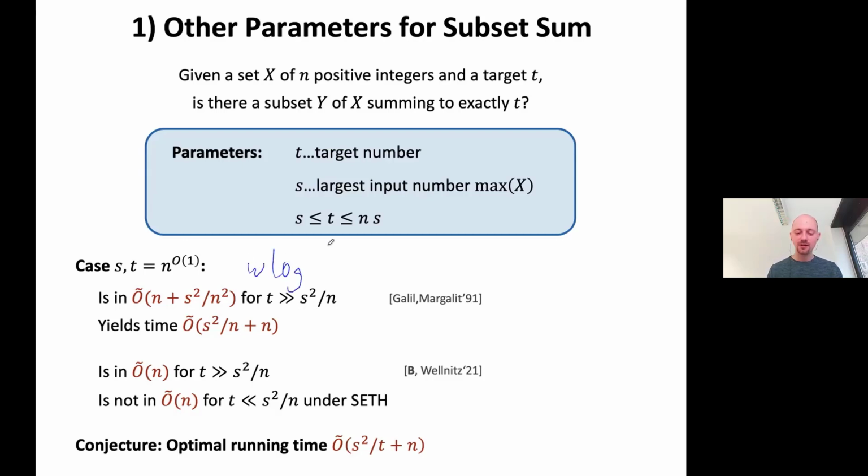We are always assuming, without loss of generality, that T is at most half the total input sum. Right, because there's a symmetry in subset sum. When the target is more than half, then you can just look for the complement of the set that you're looking for. Okay, thanks. If T is at most half the total input sum and it's much more than S squared over N, then you get this kind of result.